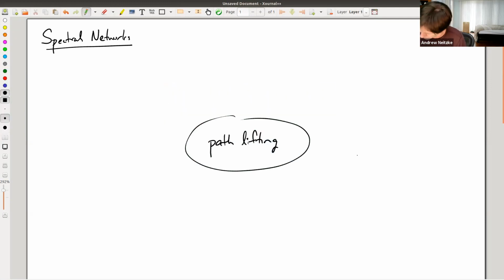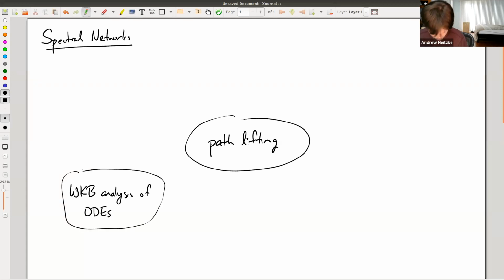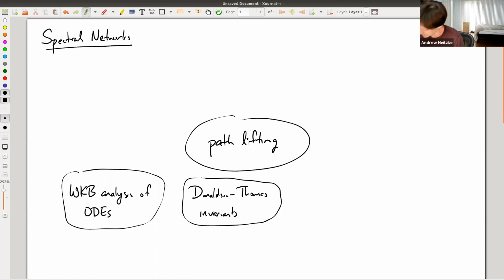That's connected to various interesting subjects in geometry, such as the WKB analysis of ordinary differential equations, Donaldson-Thomas invariants, enumerative invariants, very specific examples of Donaldson-Thomas invariants, and cluster algebras and cluster varieties, so maybe I'll just write clusters.